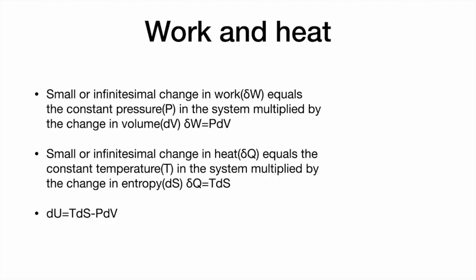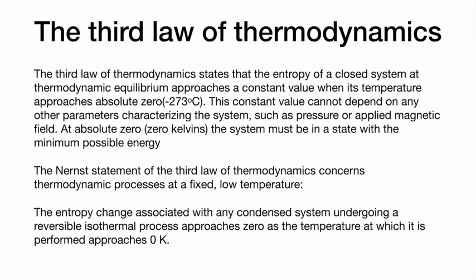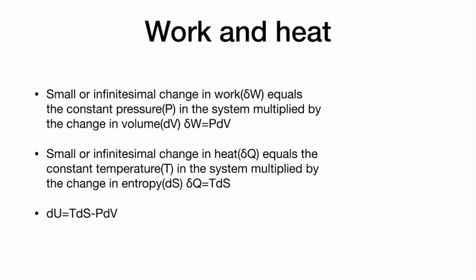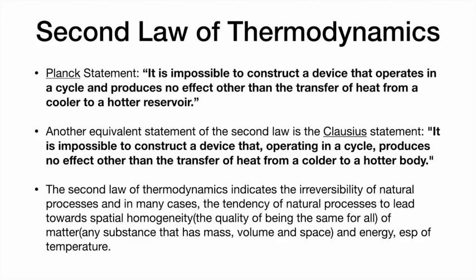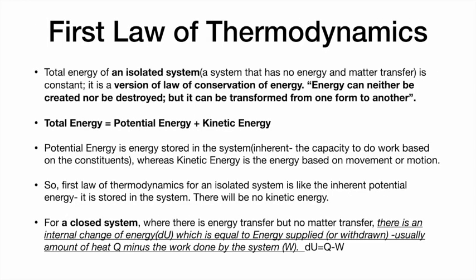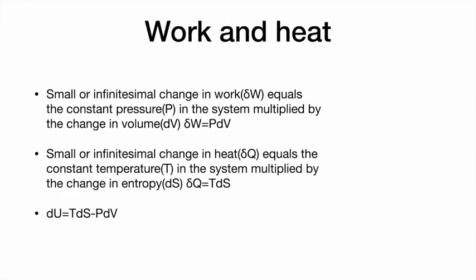Similarly, an infinitesimal change in heat is equal to the constant temperature of the system multiplied by the change in entropy, so delta Q is equal to T dS. Overall, the change in internal energy of the system, for a closed system where there is energy transfer but no matter transfer, is dU equals Q minus W. Q is going to be T dS and W is going to be P dV.